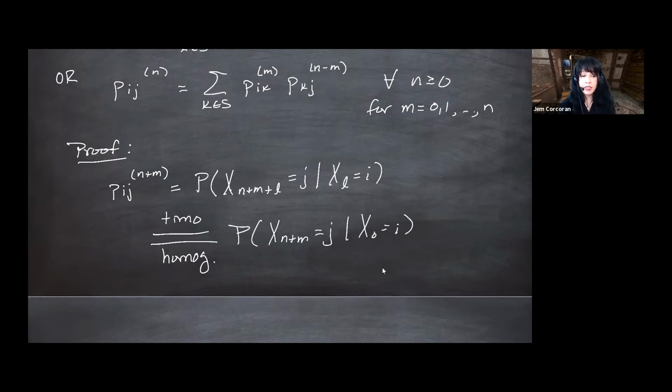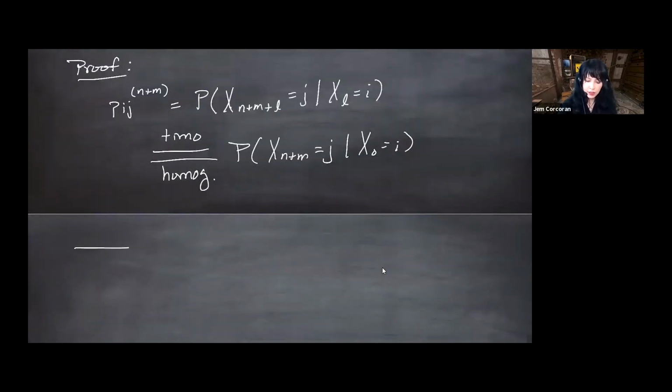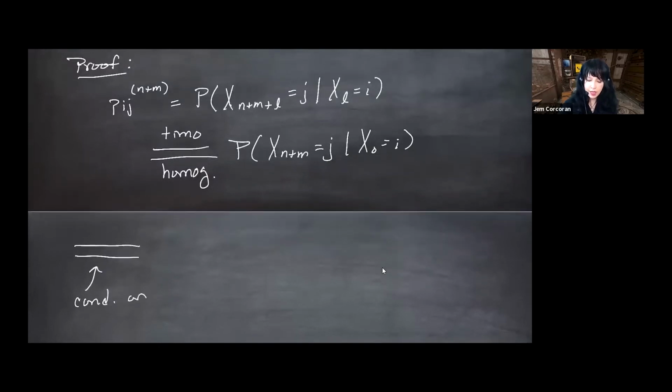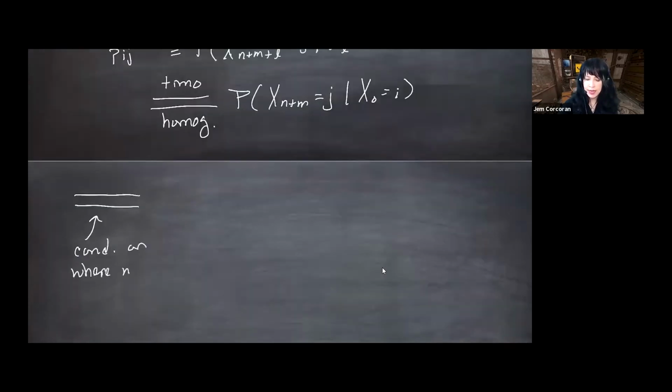And so I'm just going to condition on where we are at time m, and let's do it. So condition on where we are at time m, and it can be many places, so we're going to sum over those.